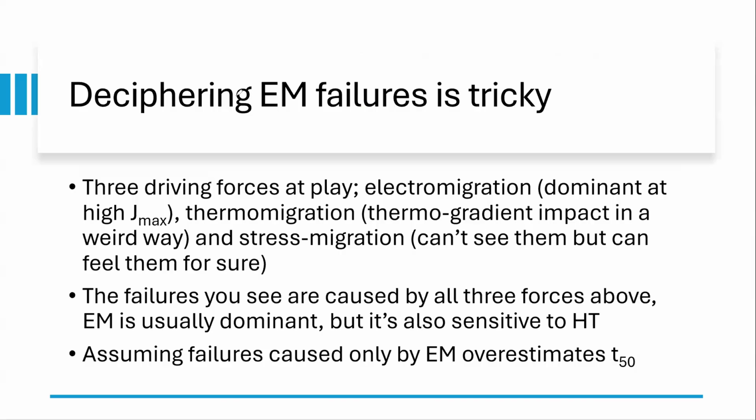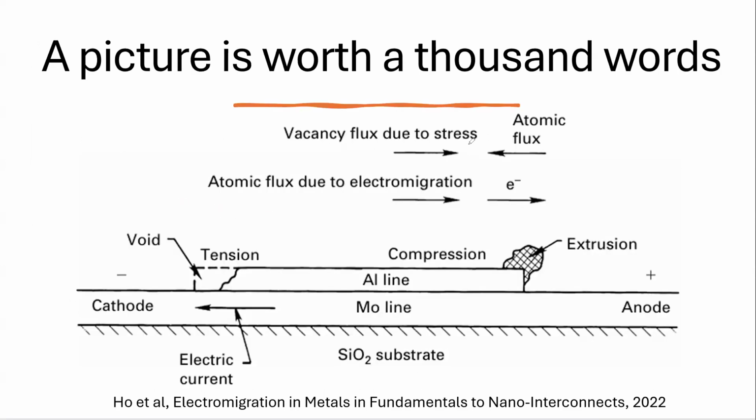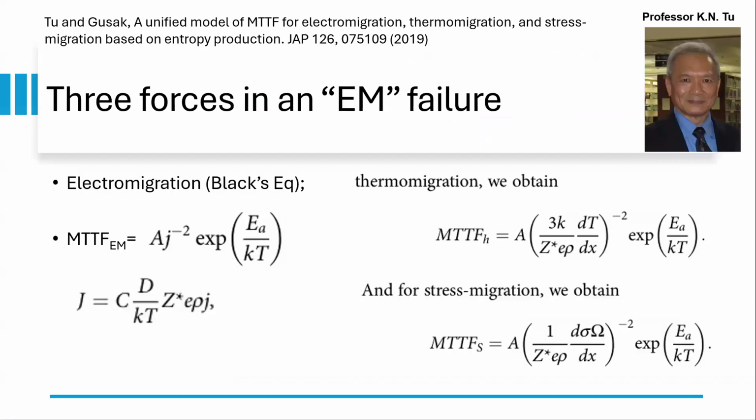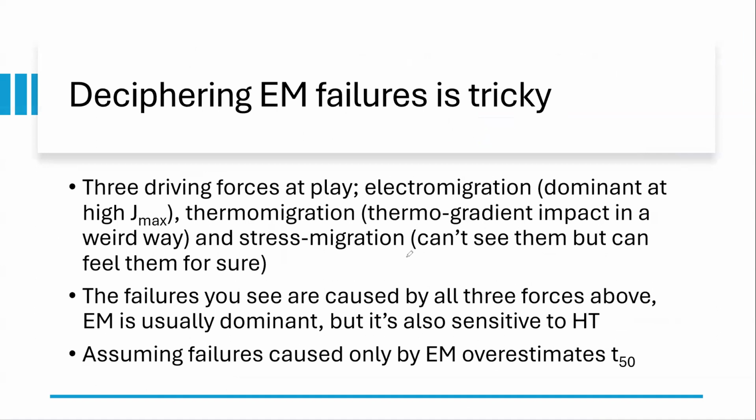What I meant is that deciphering electromigration failure is tricky. There are actually three driving forces. Here we introduced an additional force, stress, right? But actually there are three driving forces at play. Electromigration is dominant at high Jmax. Thermal migration, right? What I meant by thermal migration is the thermal gradient.